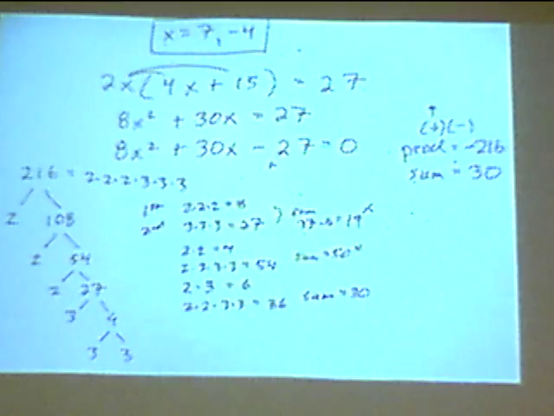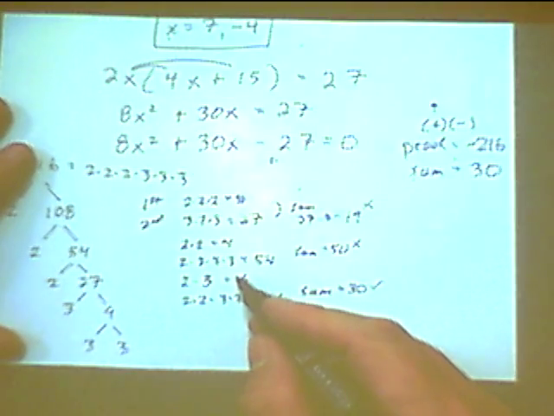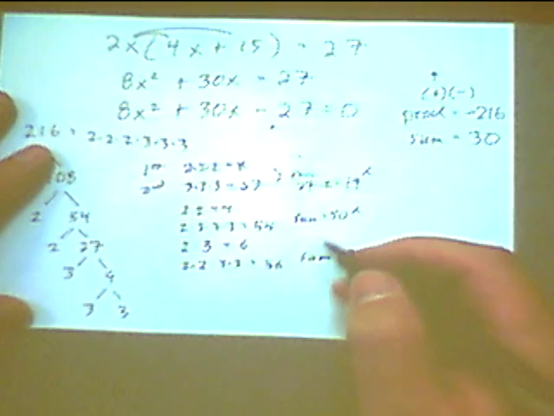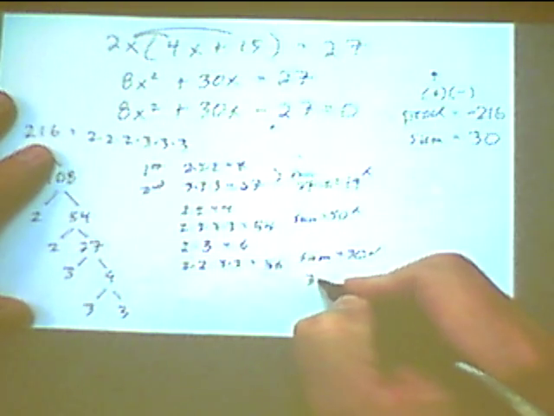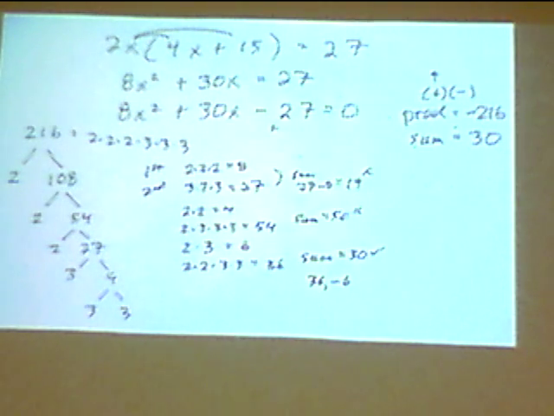And there we have it. Our sum is now 30, which is what we want. So now I realize that my factors are going to be 36 and negative 6. All right, that was pretty painful. But unfortunately, sometimes that's what you have to do when you factor trinomials with large coefficients.